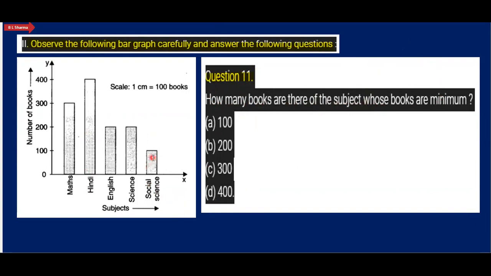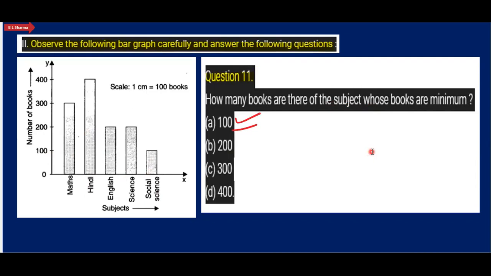Social science means the subject has the minimum number of books, and that is equal to 100. So answer is A. 100 books are there of social sciences. So A is the correct option of this question number 11.